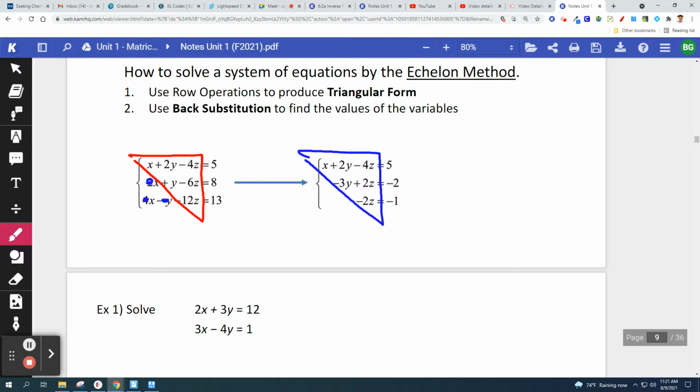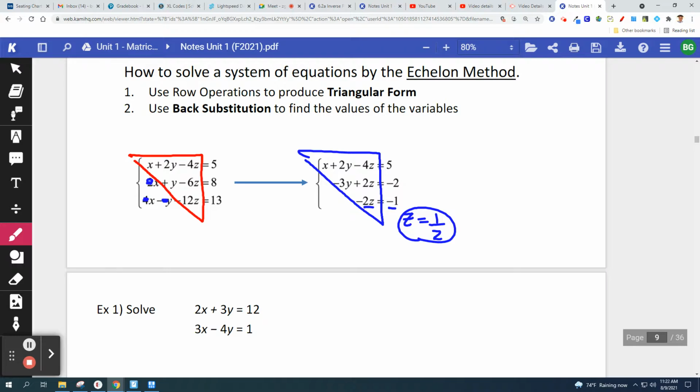Can you tell me what z equals in this system of equations? If you look at the bottom equation, you can divide both sides by -2 and see pretty quickly that z is going to equal 1/2. And then it might occur to you, well, I'll just plug that into the second equation.